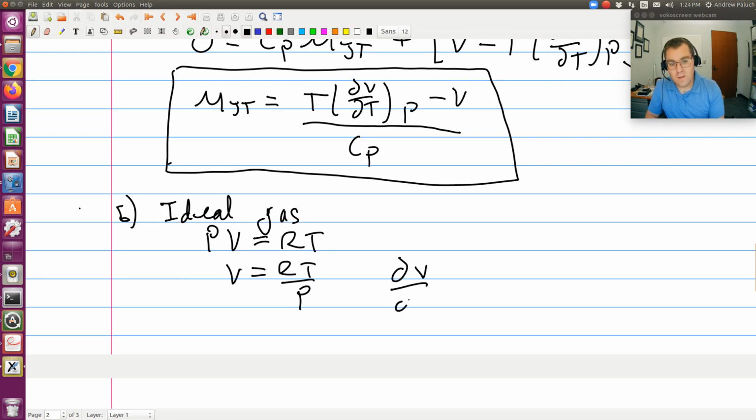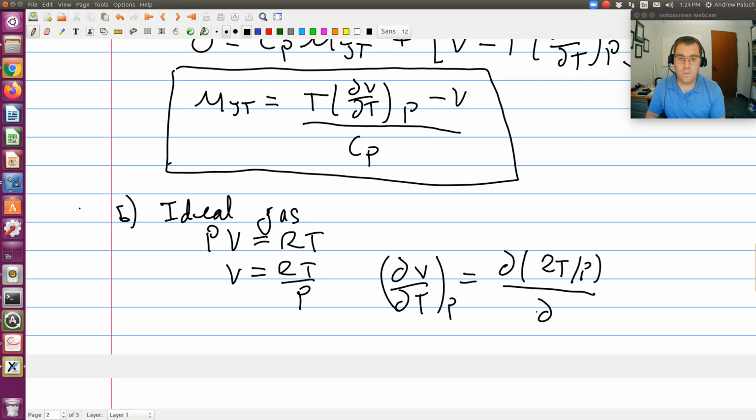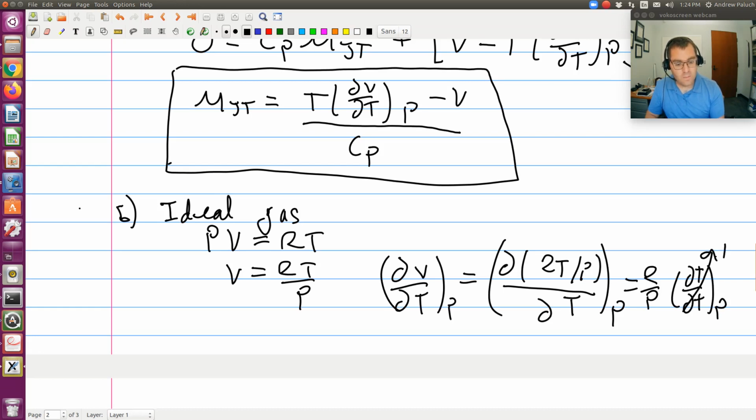So dV/dT at constant P is equal to the partial of RT over P with respect to T at constant P. P is constant, R is constant, so that's R over P times dT/dT at constant P, which is just 1.